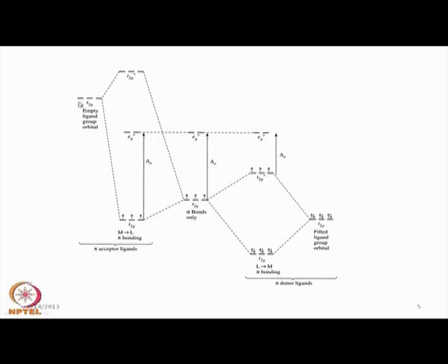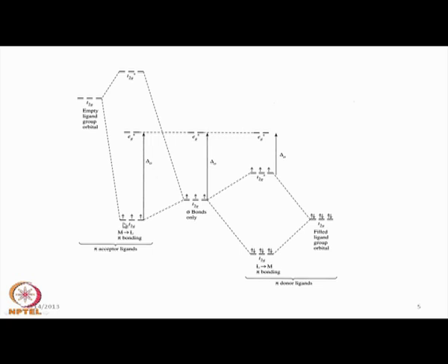Because we have this interaction, we have the stabilization of the T2G level, and now we get the corresponding transition from T2G bonding to EG antibonding level. So, we should only remember, and it is easy to remember, that whenever we have pi donation from the ligand side, the levels involved are both T2G star and EG star, and both are of antibonding type.